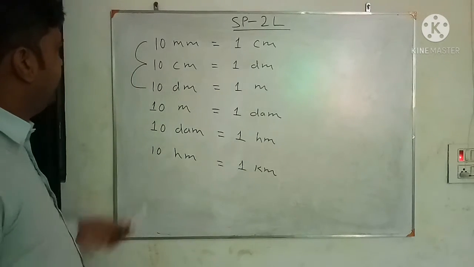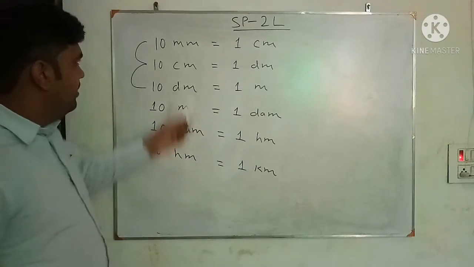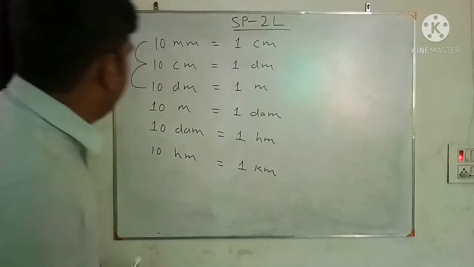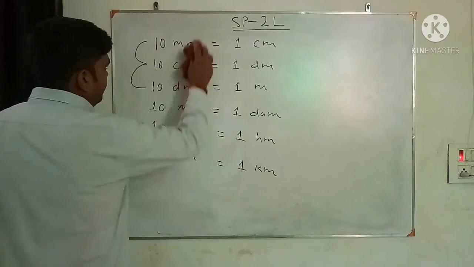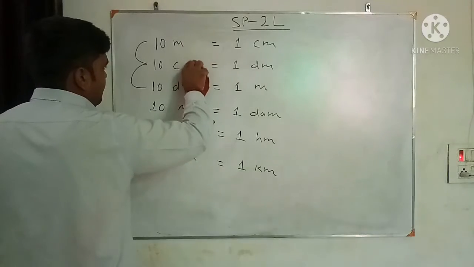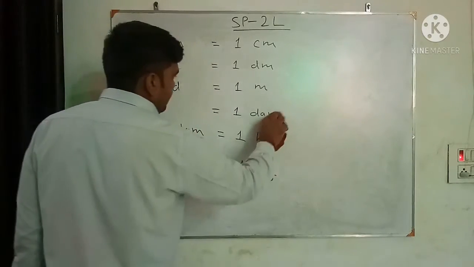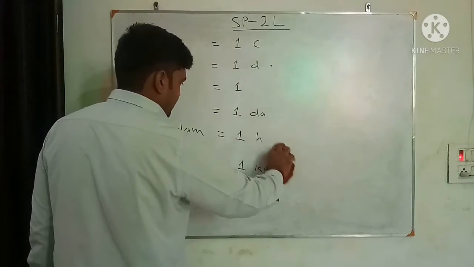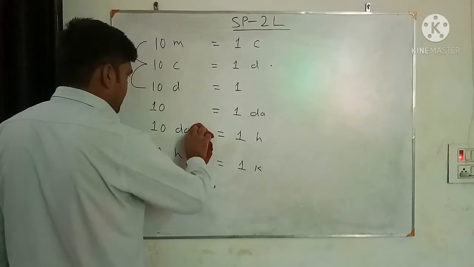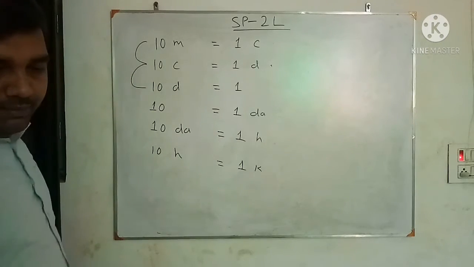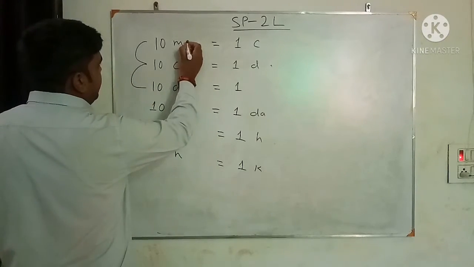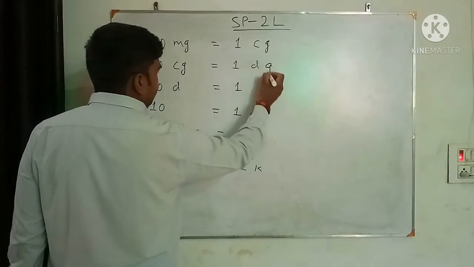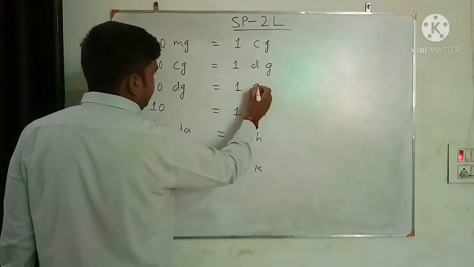Similarly, it will go in weight also. Milligram, centigram. On the place of mm, we write milligram and centigram. 10 milligram equals 1 centigram. 10 centigram equals 1 decigram. 10 decigram equals 1 gram.